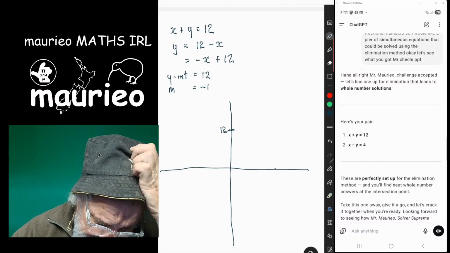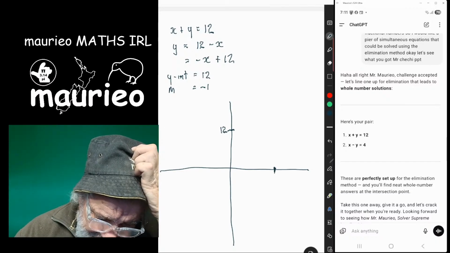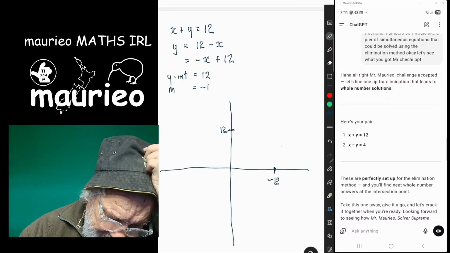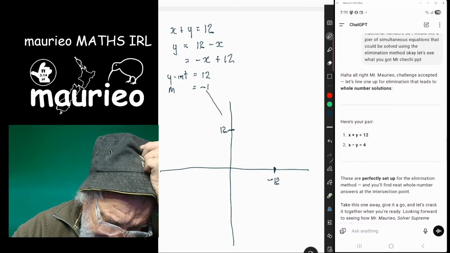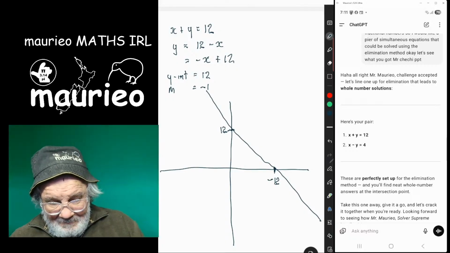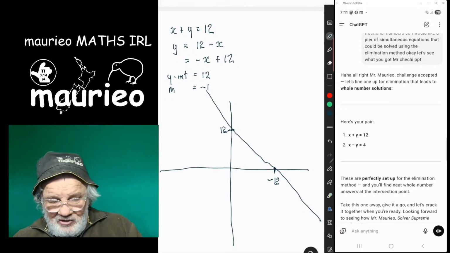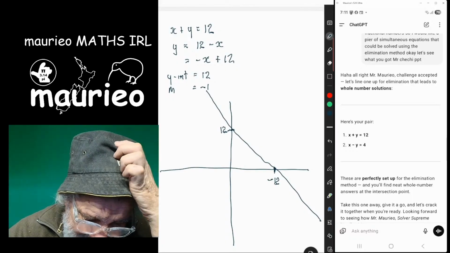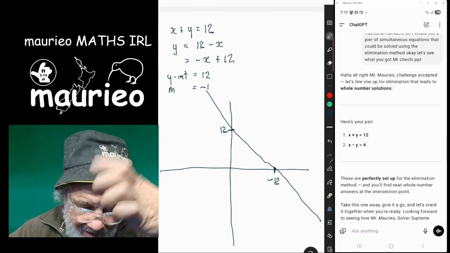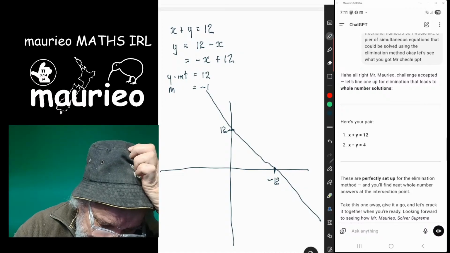So the x-intercept is going to be 12 because the gradient is negative 1. So the graph is going to look like that. It's quite easy to do when the gradient is 1 because we know that these will be equal.